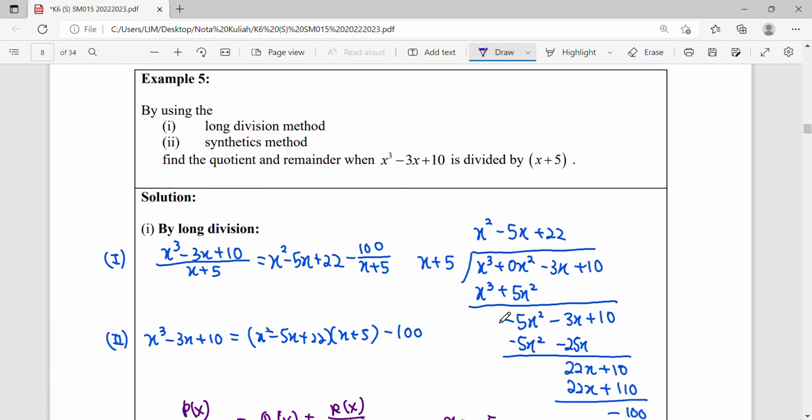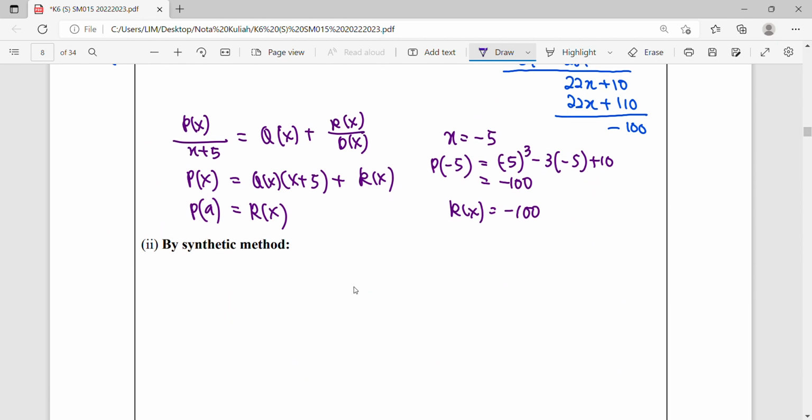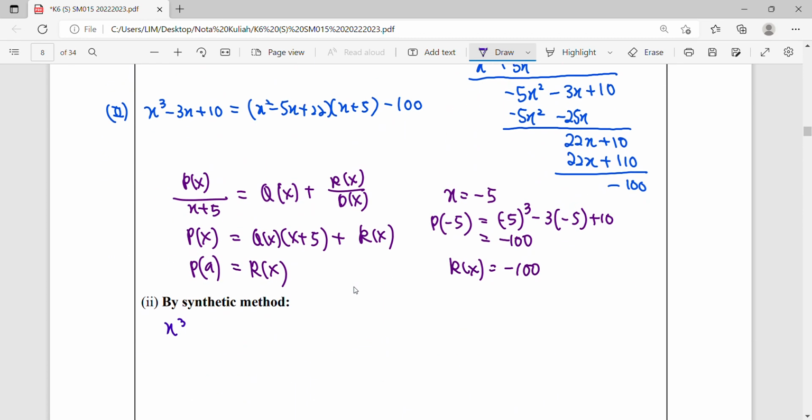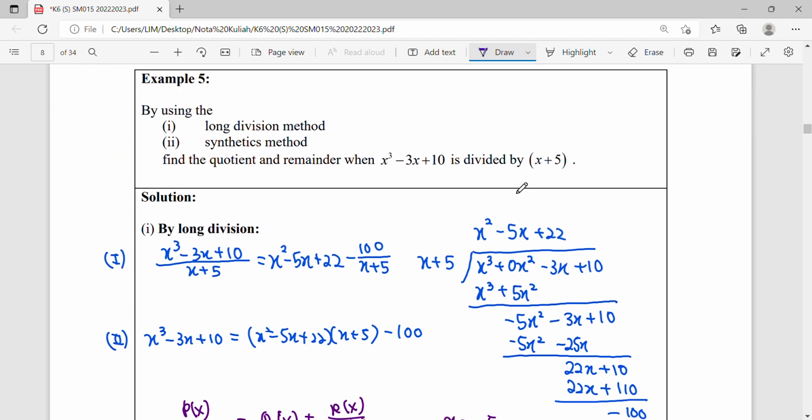Let's look at our example here. For example 5, we have done the long division. Now we're going to use the synthetic method to identify the quotient and the remainder for x cubed minus 3x plus 10 divided by x plus 5.